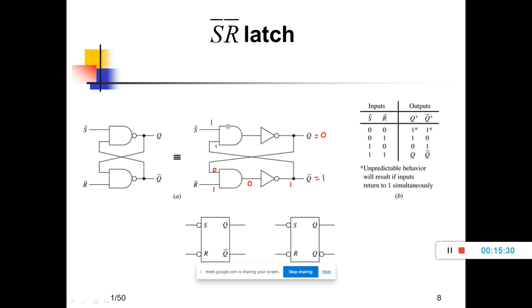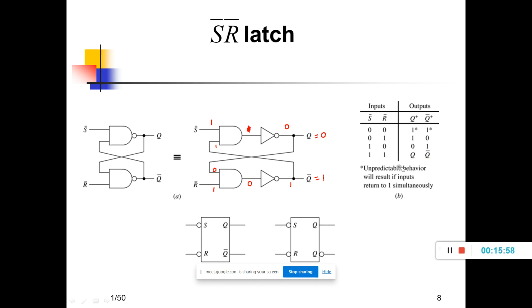Next this 1 and 1 is 1, NOT of 1, here you will get 0. So previously it was 0, you will get 0 only. Here previously it was 1, you will get 1. Okay, so it will retain the state.